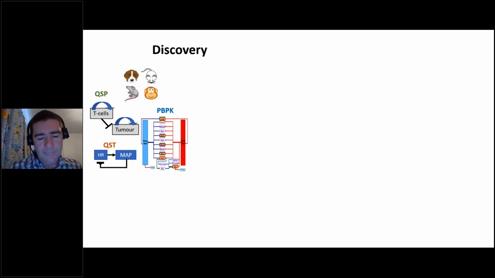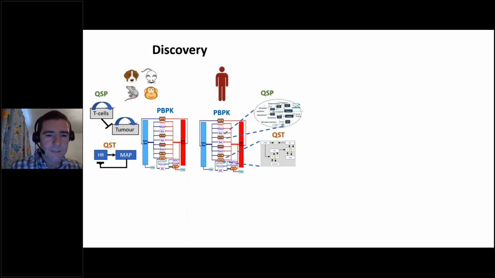Separately, people may be using QSP to develop QSP models or quantitative systems toxicology models. And potentially then you can make predictions in human by linking the PBPK models to QSP models, and adjusting parameters as necessary for the human.